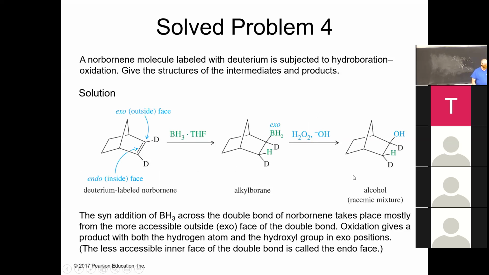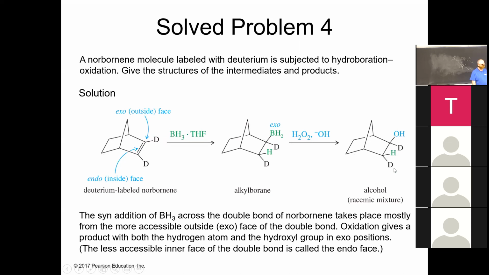Okay, this is further evidence of the syn addition of H and OH. If we start with this deuterated norbornene, this bicyclic compound, the H and OH end up on the, this is called the exo face.